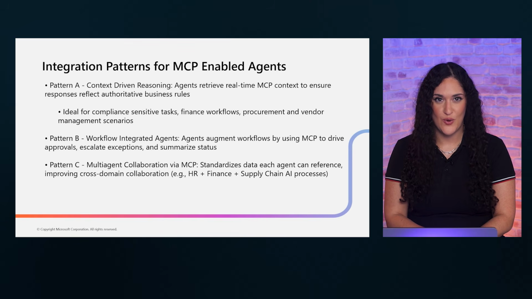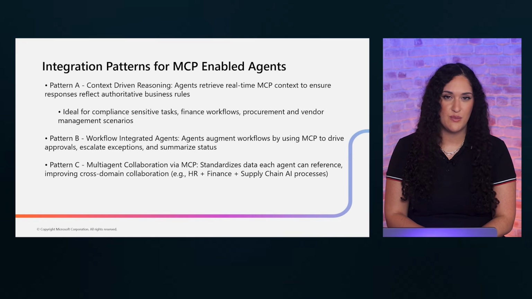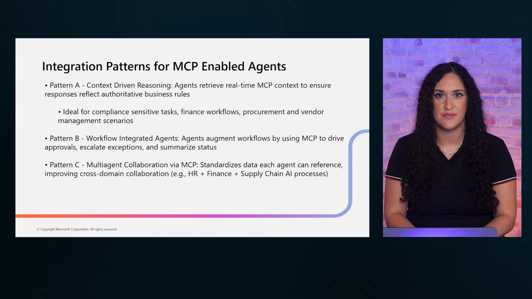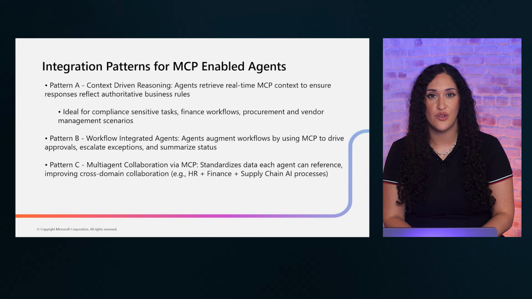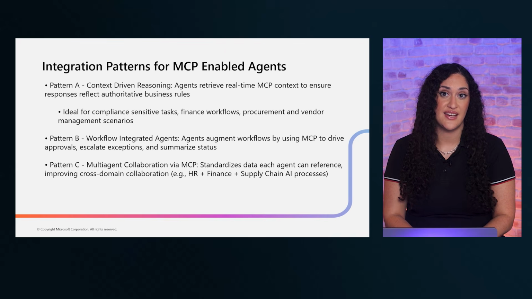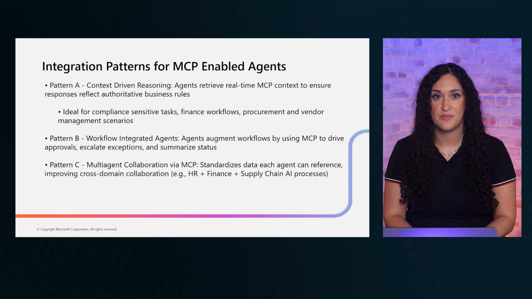There are 3 key integration patterns for MCP-enabled agents. The first pattern is context-driven reasoning. Agents retrieve real-time MCP context to ensure responses reflect authoritative business rules. This is ideal for compliance-sensitive tasks, finance workflows, and procurement scenarios. The second pattern is workflow-integrated agents that use MCP to drive approvals, escalate exceptions, and summarize status.